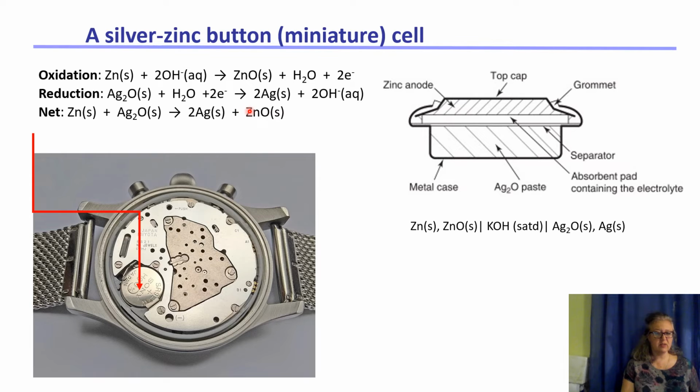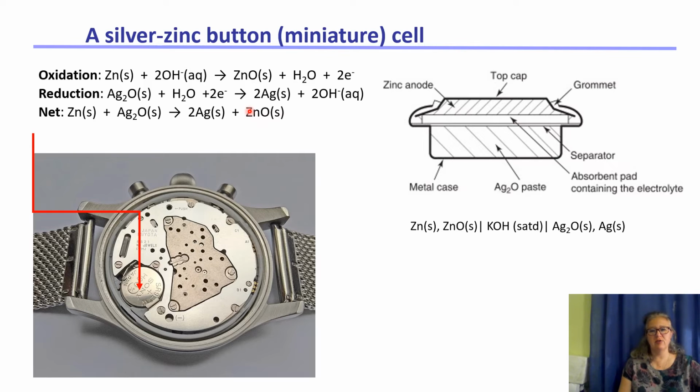Its storage capacity is 6 times greater than that of a lead-acid battery of the same size. Silver oxide primary batteries account for 30% of all primary battery sales in Japan, and these are data from February 2020.